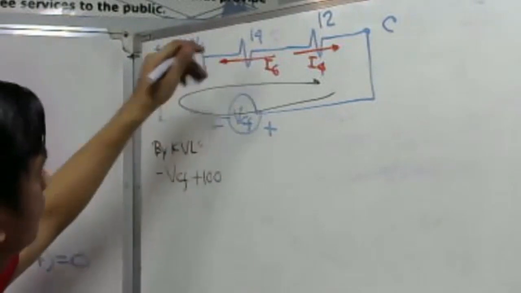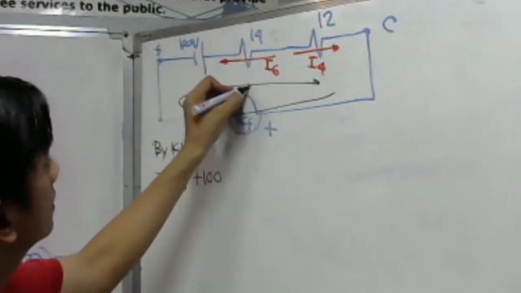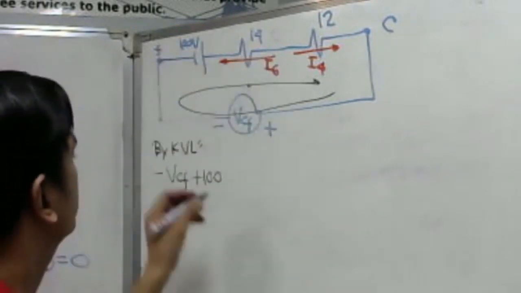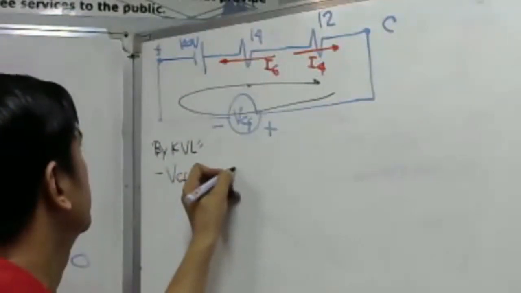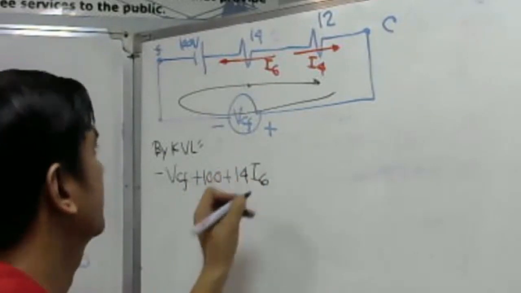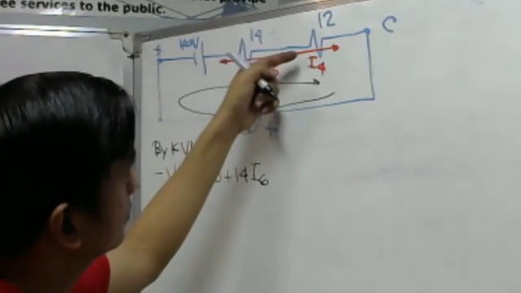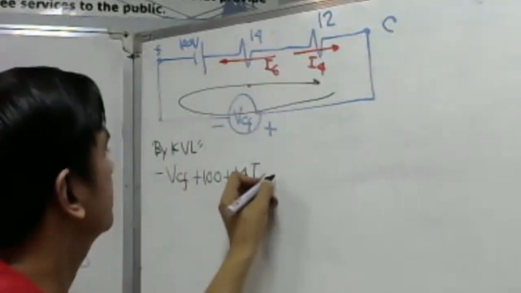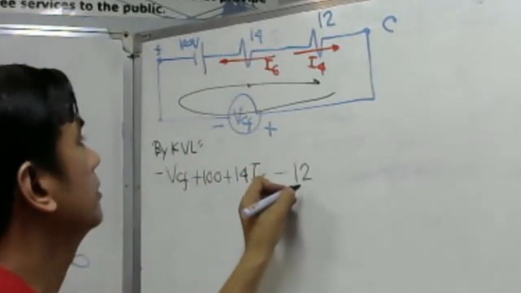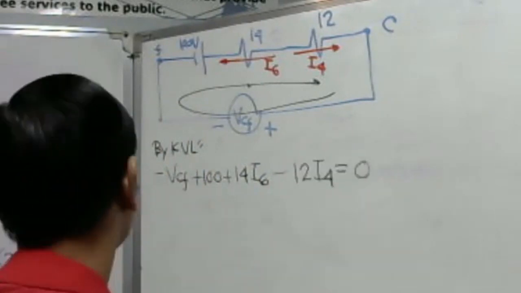Again, for the 14 ohm resistor, the circuit tracing is going to the right, but I6 is going to the left. Two directions. So we have here 14 I sub 6. And then the circuit tracing is going to the right, and I4 is going to the right, so we have here 12 I sub 4. That is equal to 0.